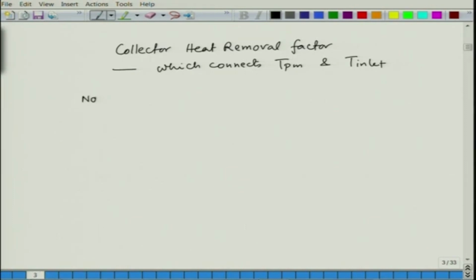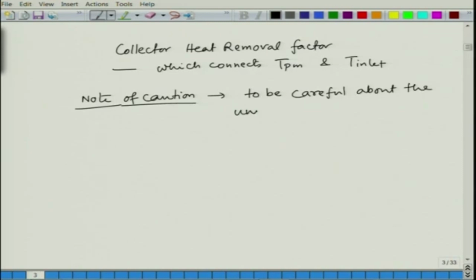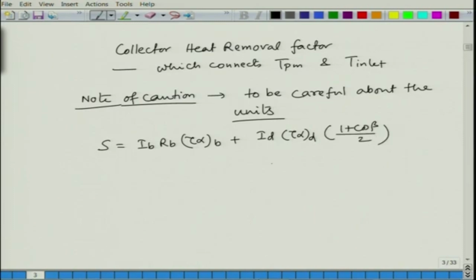Now, before we proceed with finding this collector heat removal factor, I should put a note of caution to be careful about the units. So, what do we mean? We know that this IB is written like this, we have seen this earlier.